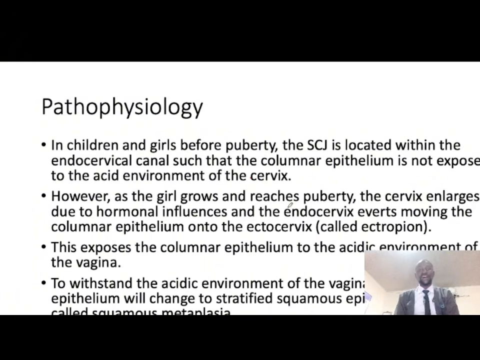Remember that the vagina has normal flora, which help in the production of acid, keeping an acidic environment to try and prevent infections.